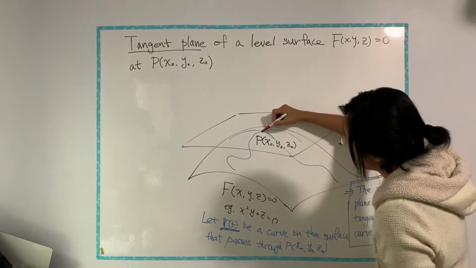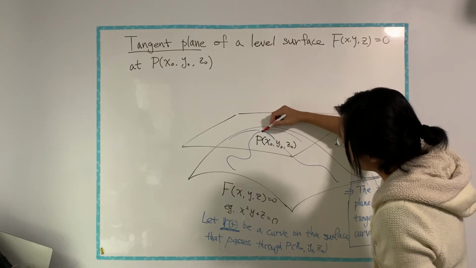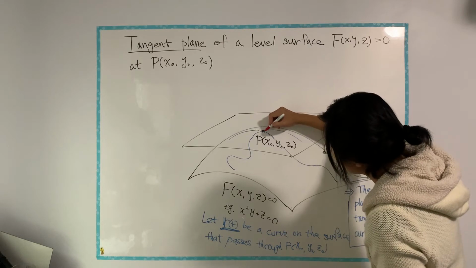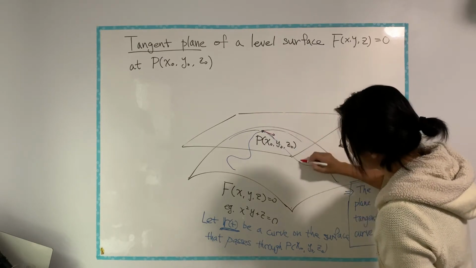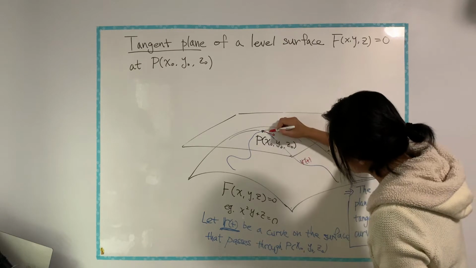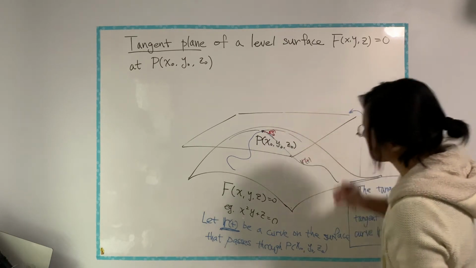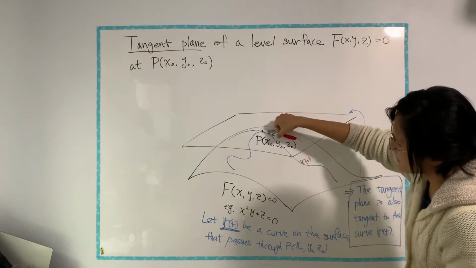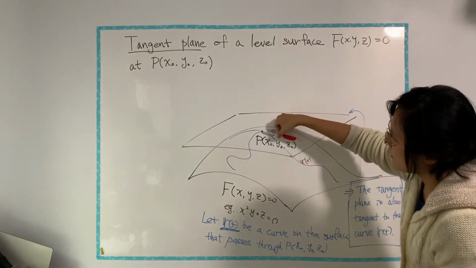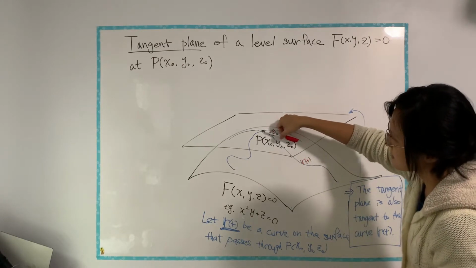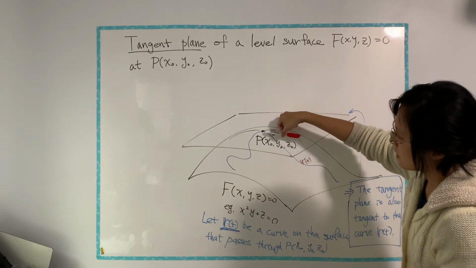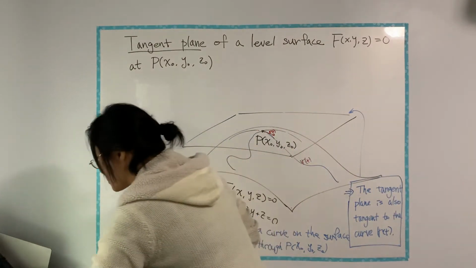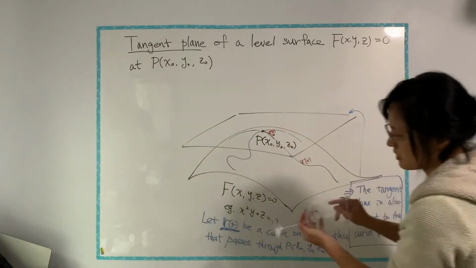So if I compute R prime, suppose this is my R of t, then this will be my R prime of t. Then this R prime, this tangent vector, will be parallel to the plane, or you can say it's sitting on the plane. So think about this. Where's my surface? This is my surface.